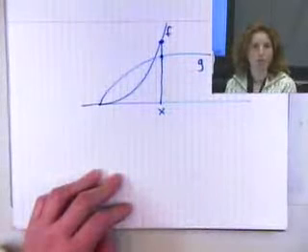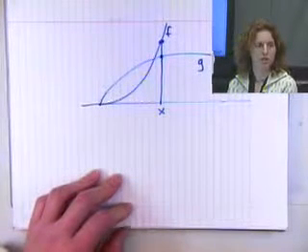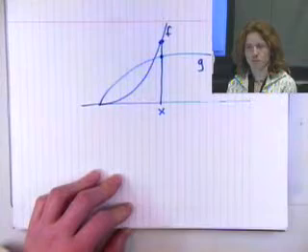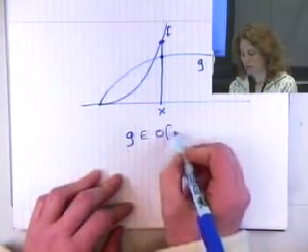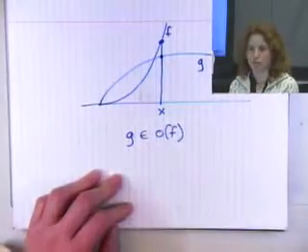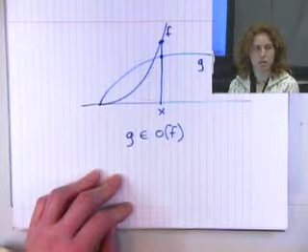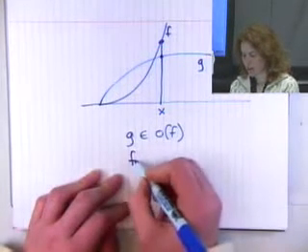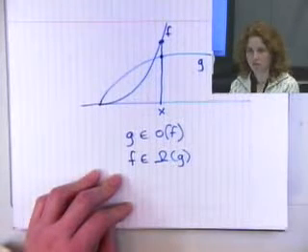And from now on, it's going to be bigger unless it does something funny later. So G is in big O of F, because F is the upper bound for G. That's clear. And in this case, F is in big omega of G. They're sort of opposites.